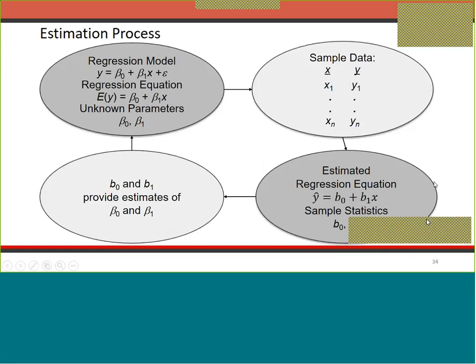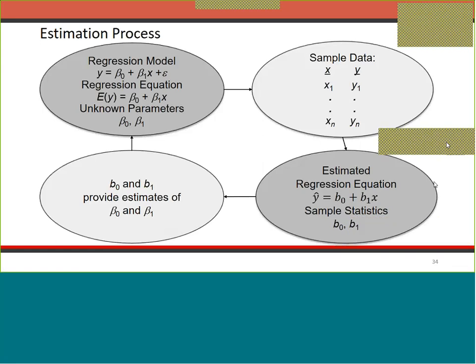Why? Because in place of beta naught, we are writing the estimated value b naught, and in place of beta 1, I am writing the estimated value b1, because b naught and b1 are sample statistics. Then of course b naught and b1 estimate beta naught and beta 1.